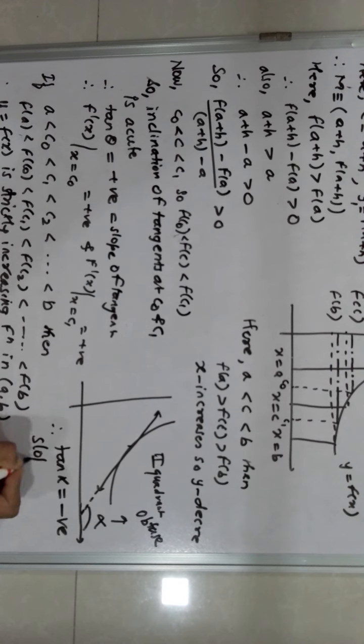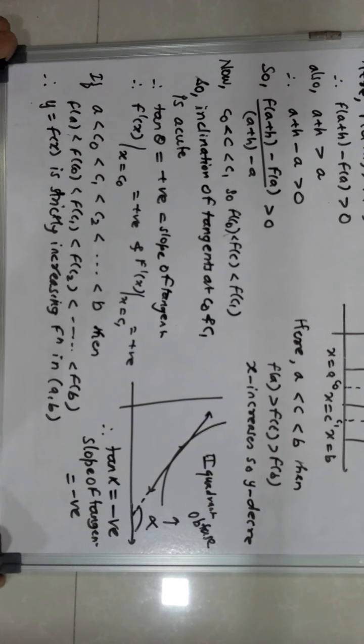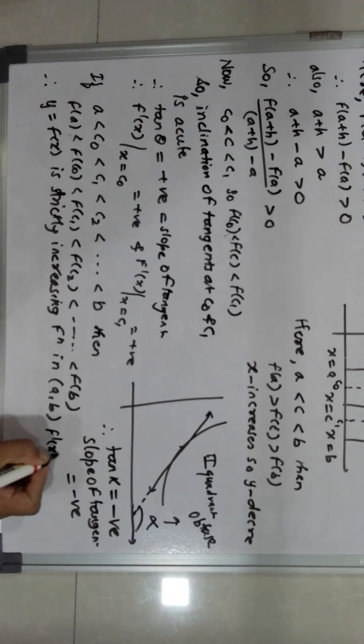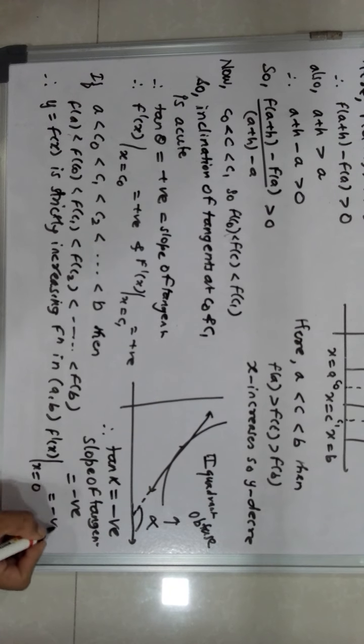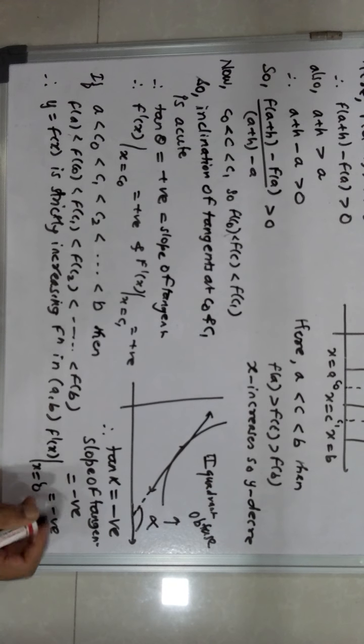That means the slope of the tangent at a certain point will be negative. So I can say here f dash x at x is equal to c is negative, and so is f dash x at x is equal to c0, and also f dash x at x is equal to c1 is negative.